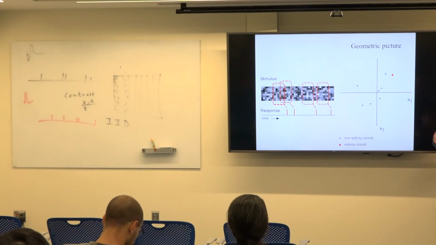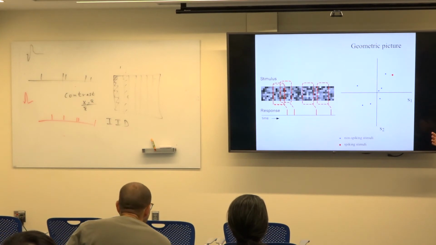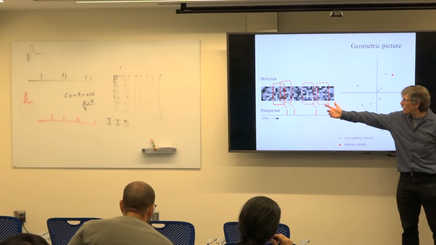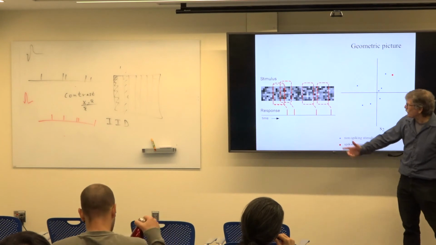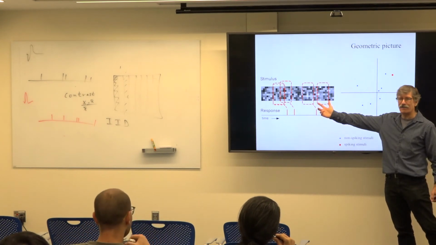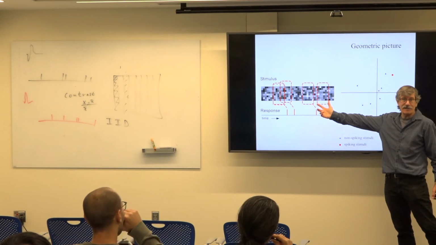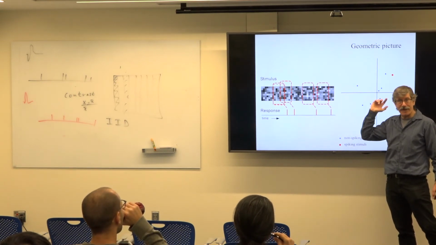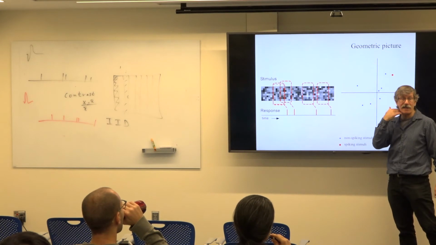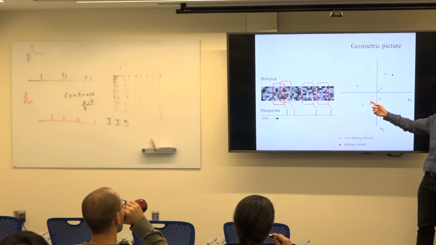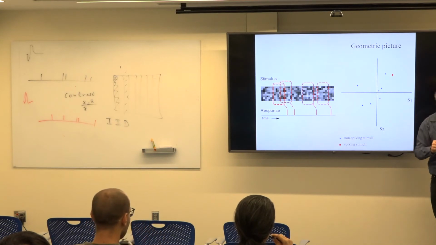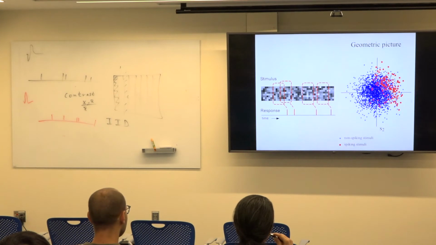So maybe I record data for several minutes for this neuron. There isn't a time axis shown here, but let's say these are every 10 milliseconds, so this is only looking at 16 milliseconds in the past, or whatever it is. And so I've got thousands upon thousands of these little time bins that I can look at, and they will either be painted blue because they didn't cause a spike at that specific time delay, or red because they did. Okay? And so you do this over and over, and you get this.